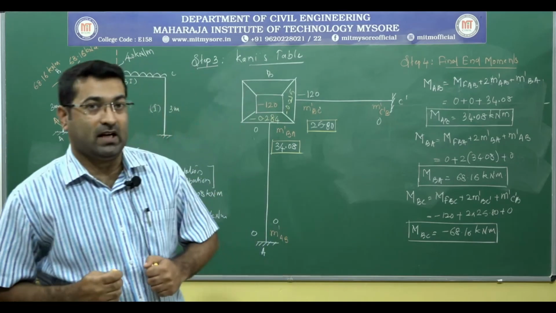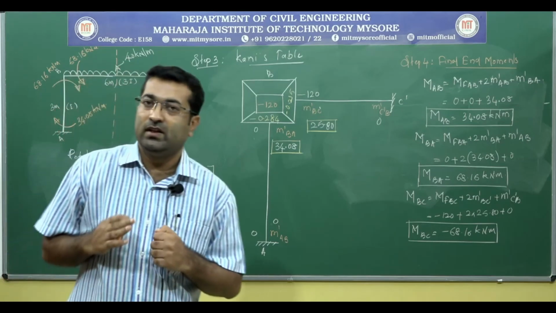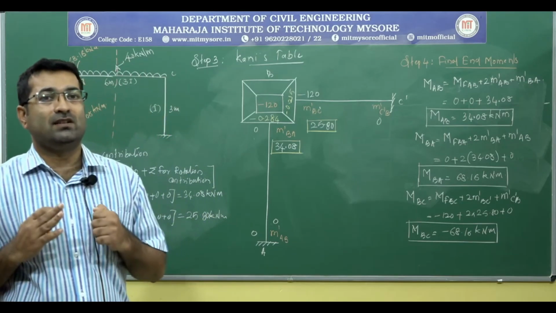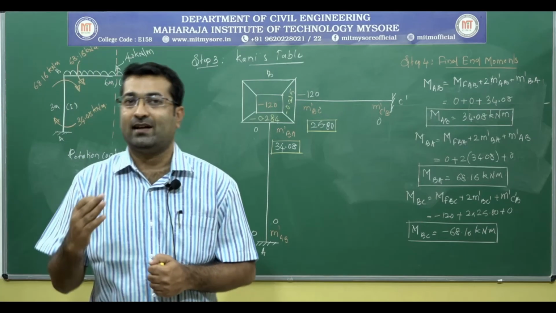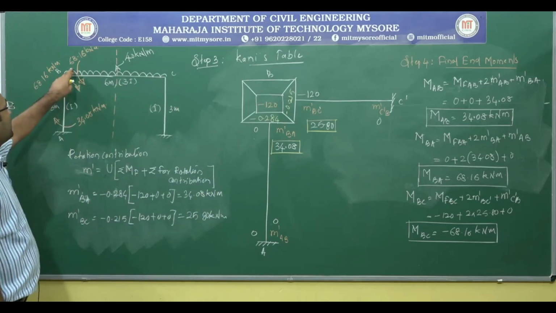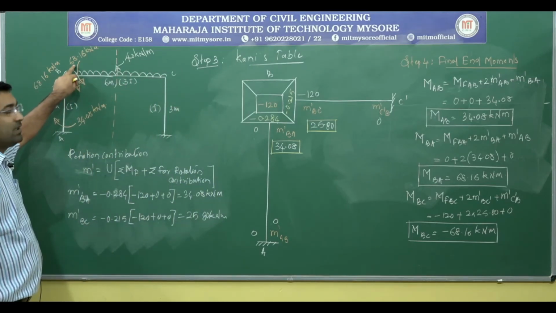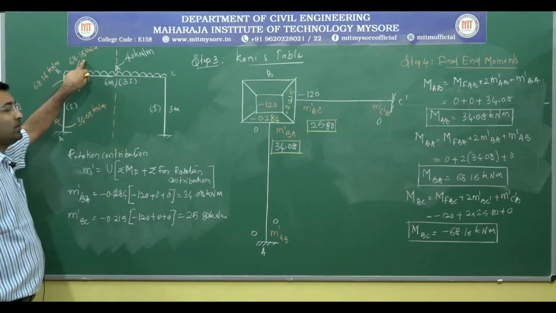Now what about the remaining half? For the remaining half, we need to represent the same bending moments, but the direction is exactly opposite. See here. For the BC member we got anti-clockwise, minus 68.16.